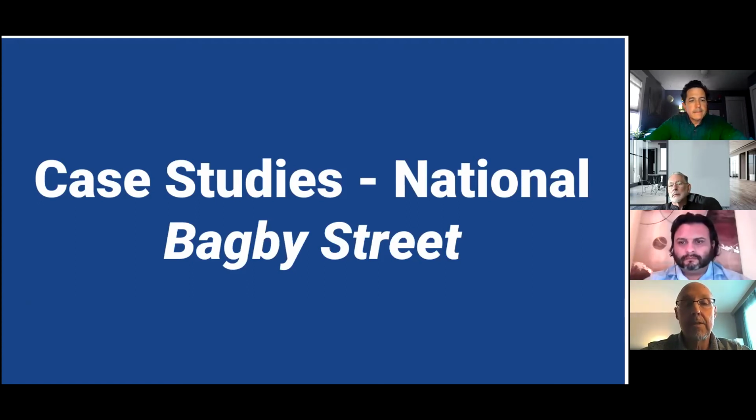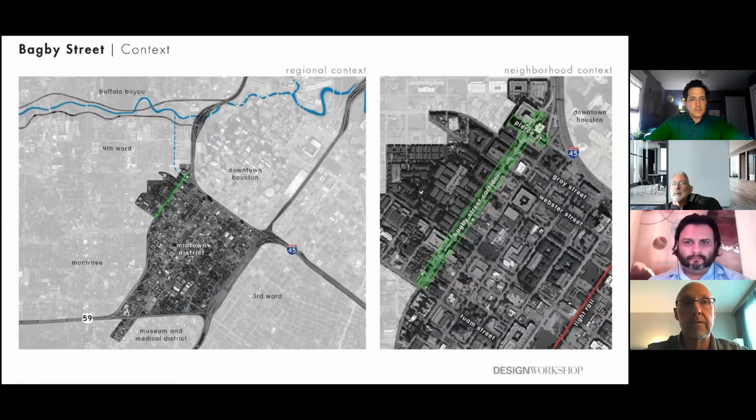And as Jimmy said, green infrastructure has multiple co-benefits. For this particular project, there were three benefits. One was the principal benefit, which was to solve an infrastructure problem that the city of Houston had.